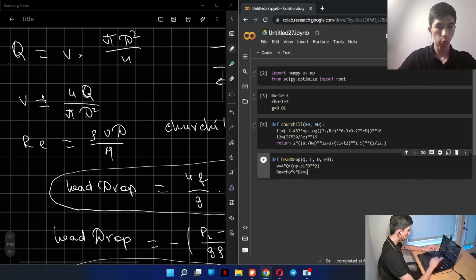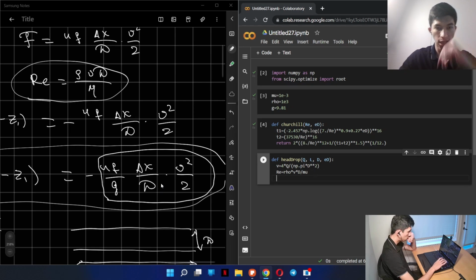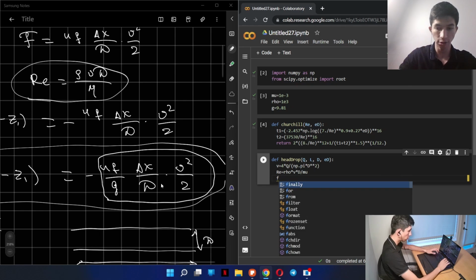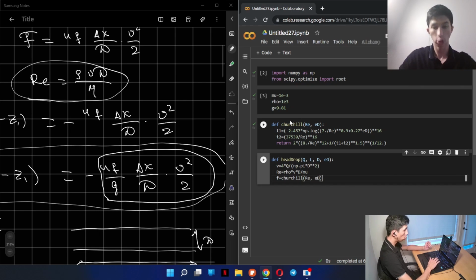Okay, what else do we need to calculate the head drop? We have the length, and we also have to state that our Fanning friction factor in our equation is the Churchill for a particular Reynolds number and the roughness, right? So it's going to get the Fanning friction factor using this function on top.